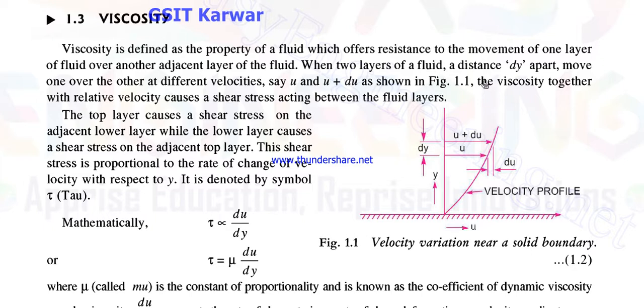Here clearly mentioned, a distance dy apart move one over the other at different velocities, say u and u plus du as shown in figure. Okay, you can just visualize the velocity together with relative velocity causes a shear stress acting between the fluid layers.